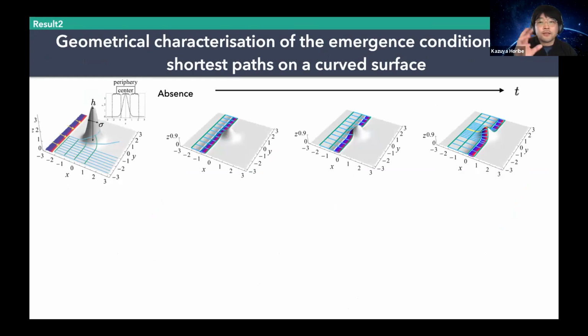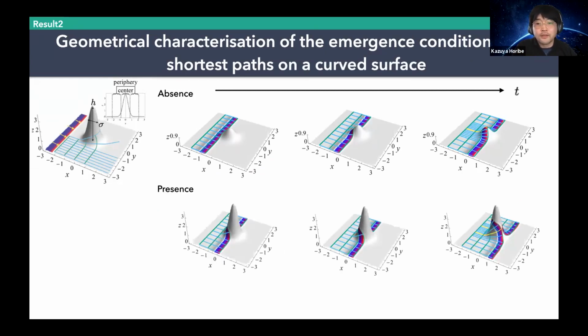So we use the geodesic equation. This is the shortest path on the curved surface. We compare the wavefront of the traveling wave with the solution of the shortest path equation, and we can guess the shape of the traveling wave using the shortest path.